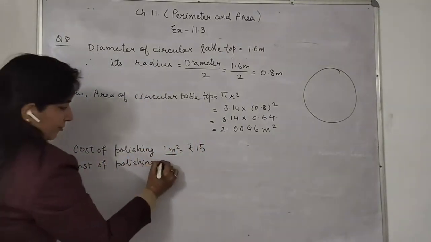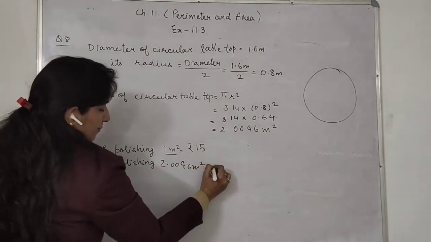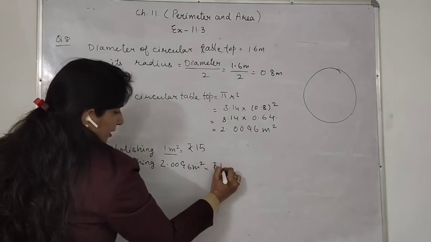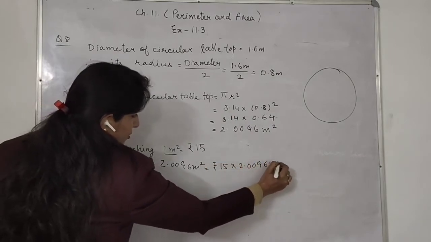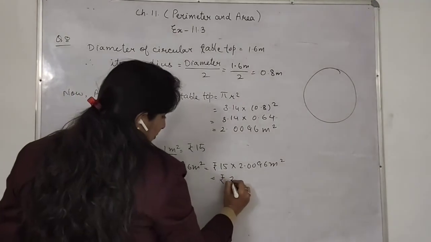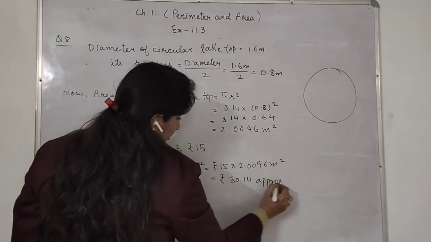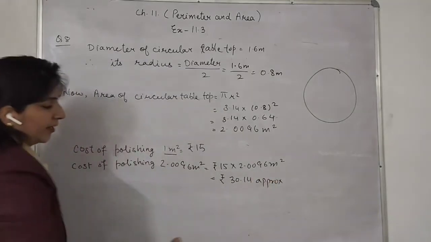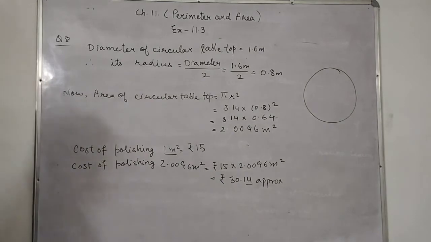So to calculate for that, we need to multiply rupees 15 by 2.0096 meters square to calculate the complete cost of polishing. After solving, the answer is rupees 30.14 approx, because there will be other digits in other decimal places. So we write only 2 digits and write approx.